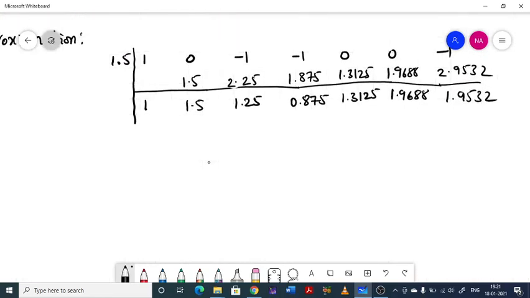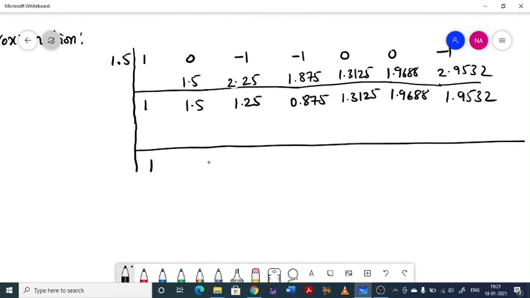Now we have to repeat this process, right? 1 you can carry as it is, 1 into 1.5 you get 1.5, 3 into 1.5 that is 4.5, adding this 5.75.